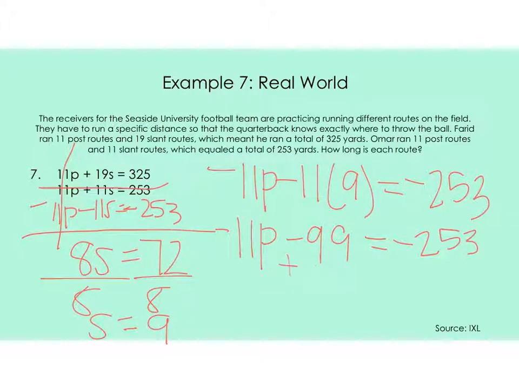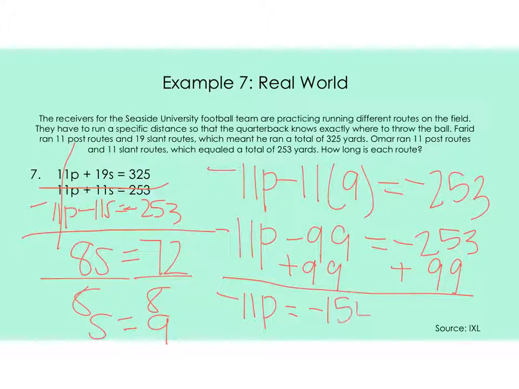And you're going to add the 99 to each side. So now you'll have negative 11p equals negative 154. And if you divide by the negative 11, you should get that your p equals 14. And now your final answer is 9 and 14.